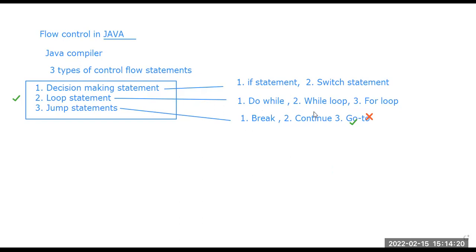So this particular go to statement will not be there in the case of Java. It will not be present. So let me correct this. For Java, it is crossed out, it is not present.